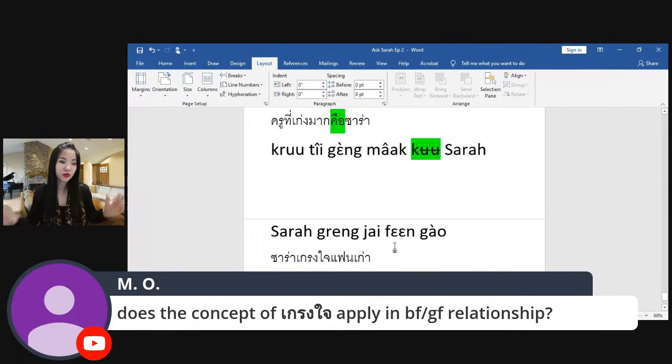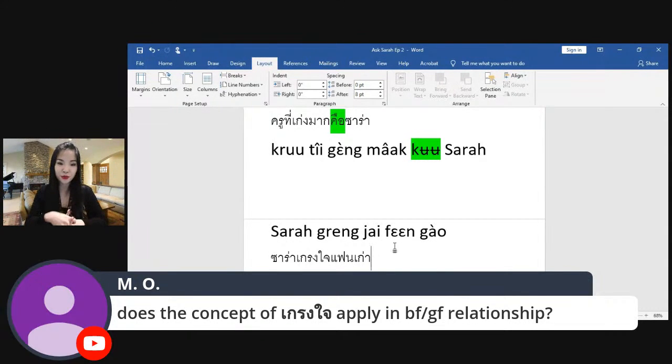If I say I'm เกรงใจ towards my ex, it means that I still care about that ex of mine. I wouldn't post my new boyfriend's picture on my social media. I would try to avoid talking about it with him if I stay in touch with my ex.